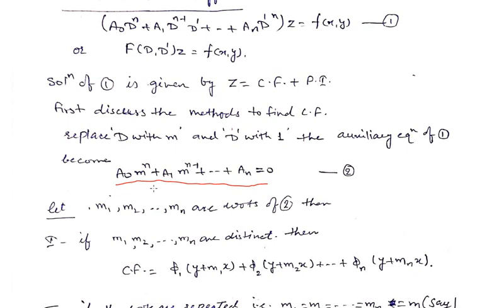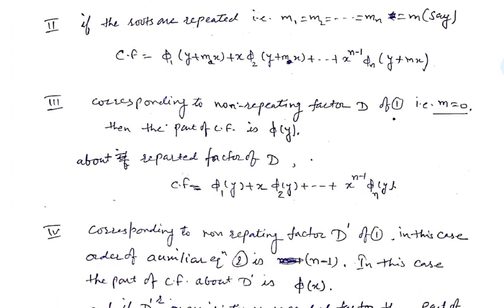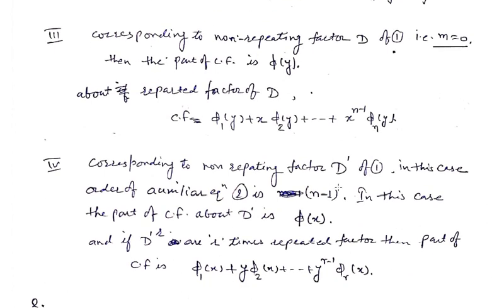So n minus 1 roots we can find here, and the nth arbitrary function we write for D prime. So for a non-repeating factor D prime, a part of the complementary function is phi of x.